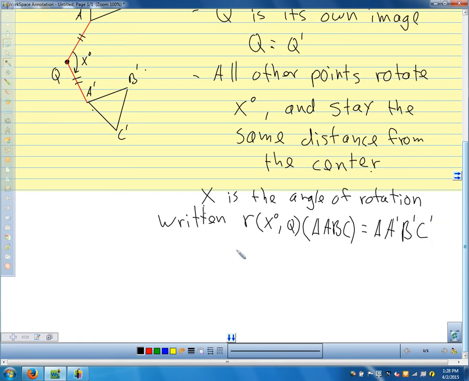So for a rotation, we use a small r. For a reflection, we use a capital R. The rotation is going to say x degrees, and it'll tell what our center of rotation is.